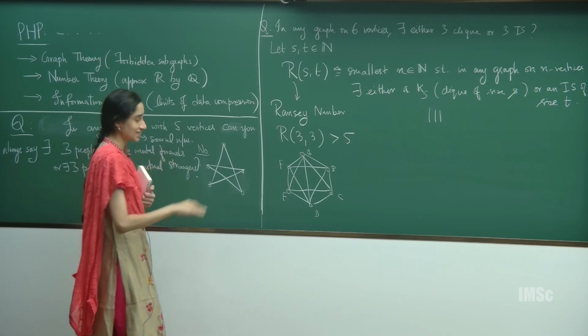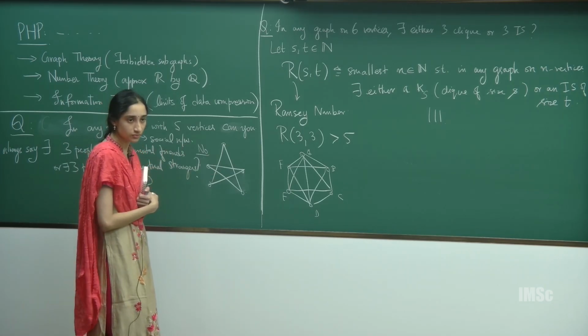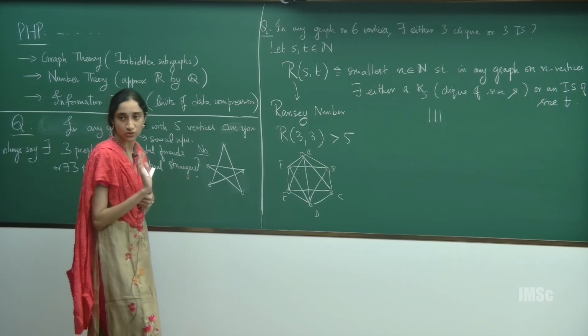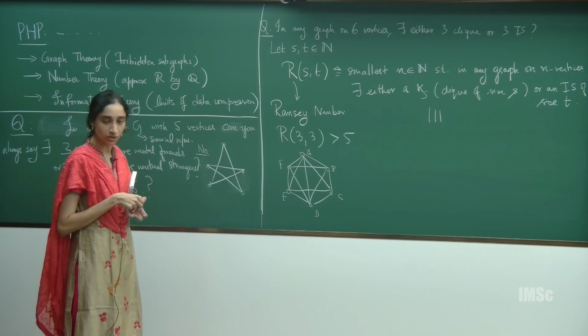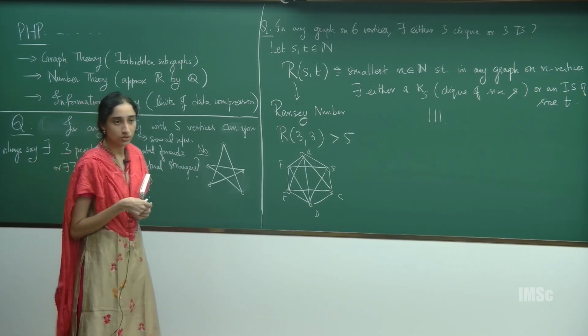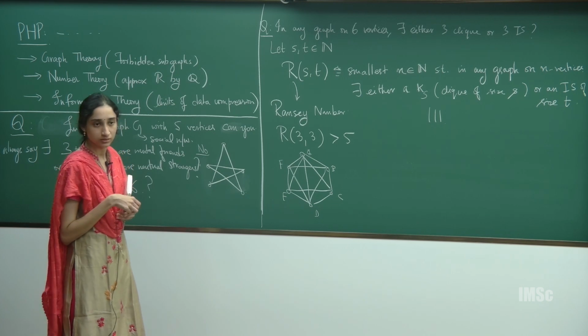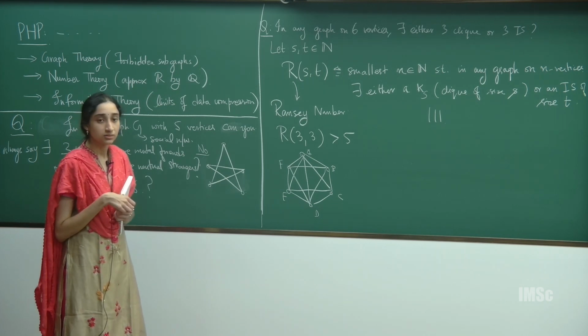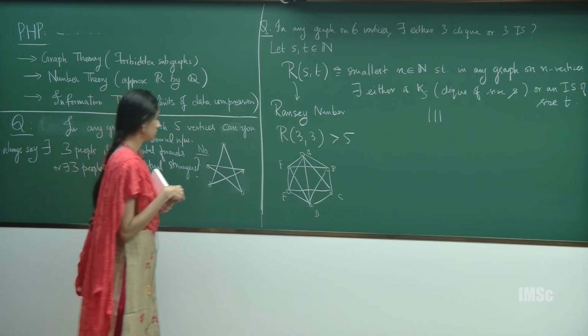I will also give you some colors. Let's say I give you 2 colors, red and blue. What can you use these colors to denote? Either G or G complement is by party.